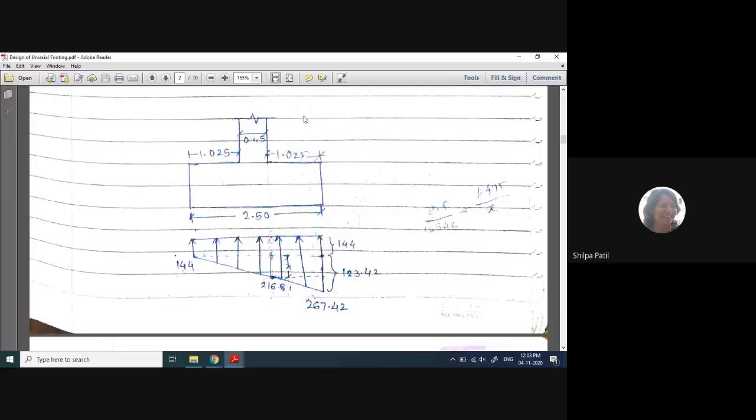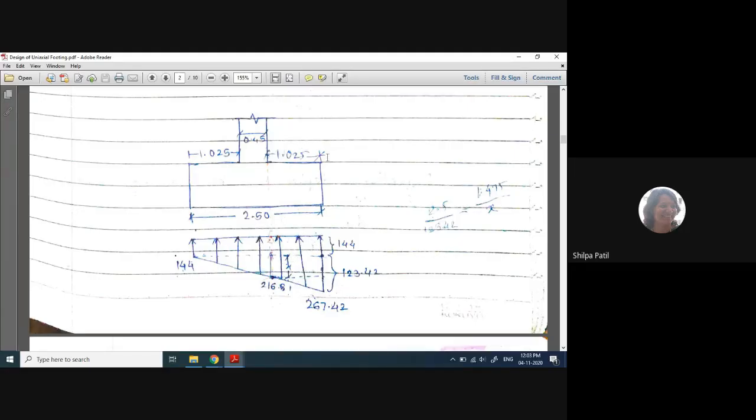Suppose this is our footing, and my load is acting somewhere here. So on this side my footing is subjected to more compressive force, and because of that the pressure acting at the bottom of the footing is not uniform throughout the length of the footing, but it is more on this side.